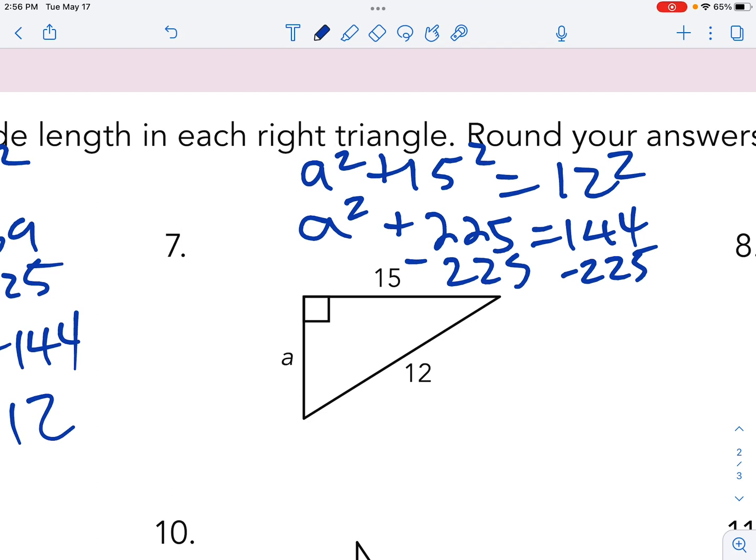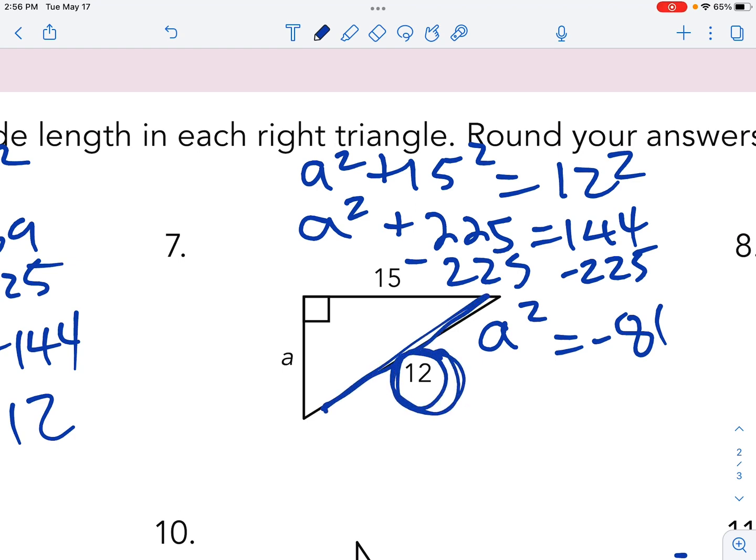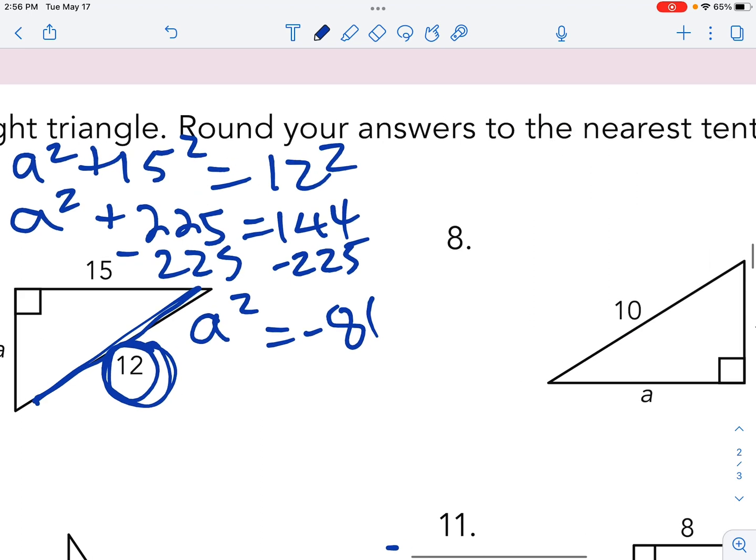And I get a squared equals negative 81. Now, you should have been able to tell from the very beginning that this wasn't going to work because the hypotenuse is supposed to be the longest side, but they have 12 being the hypotenuse. So you should have been able to tell from the very beginning that it wasn't going to work.